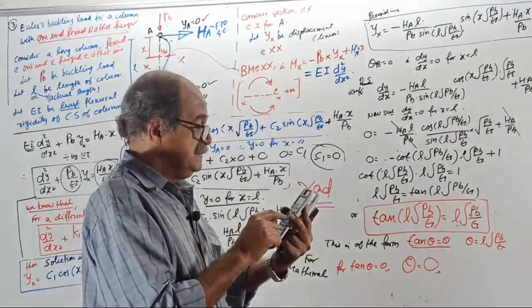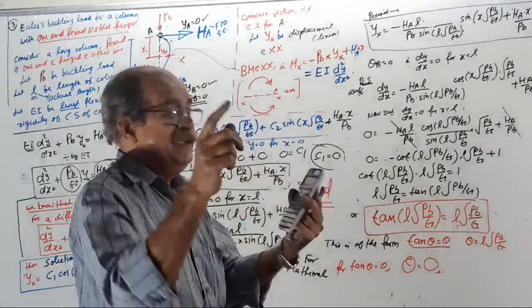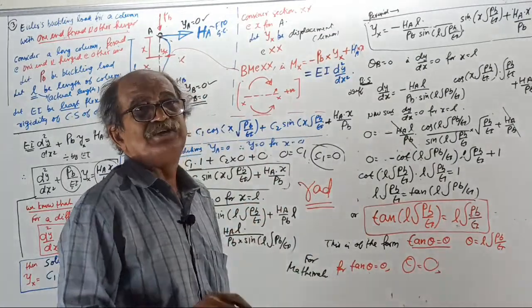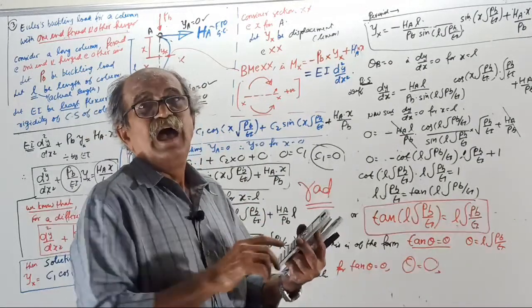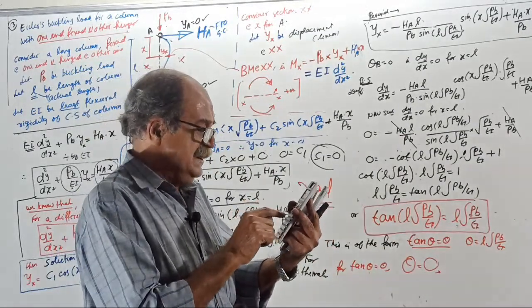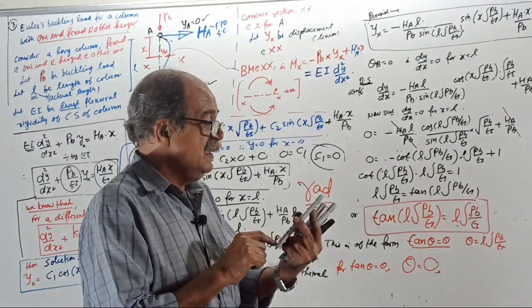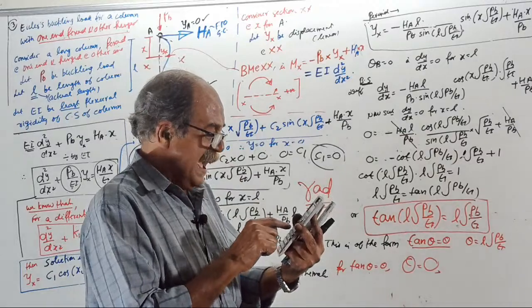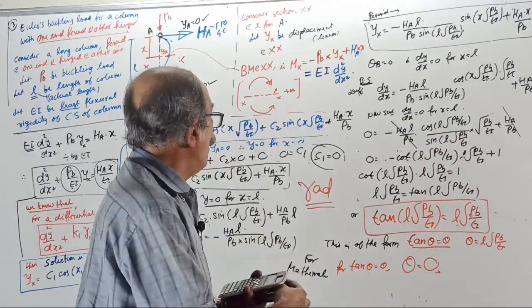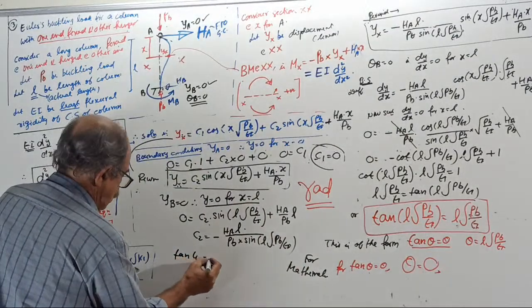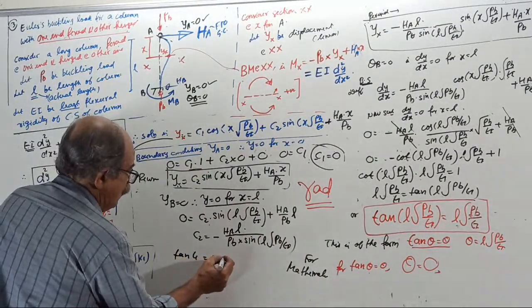Tan 1 is 1.5557. No, that is not the answer. Actually, it keeps on increasing. Tan 2 radians is negative. Tan 3 radians is minus 0.14. Tan 4 radians, I am getting nearby. Tan 4 equal to 1.157.